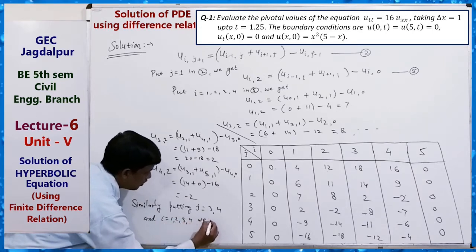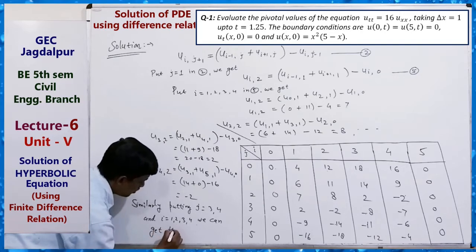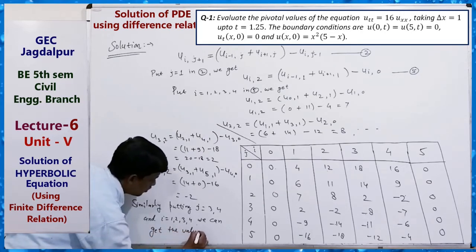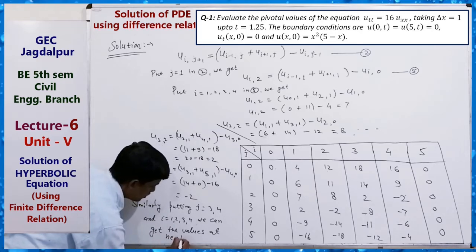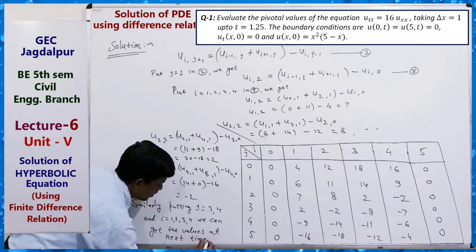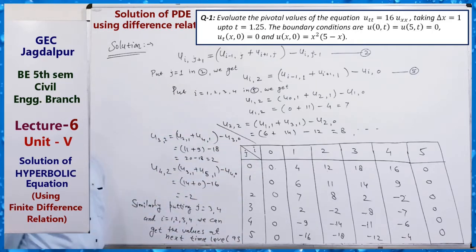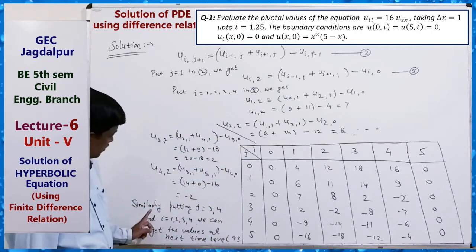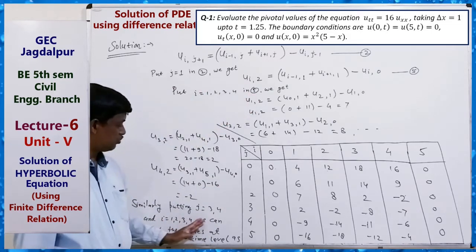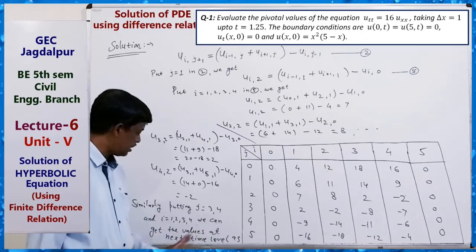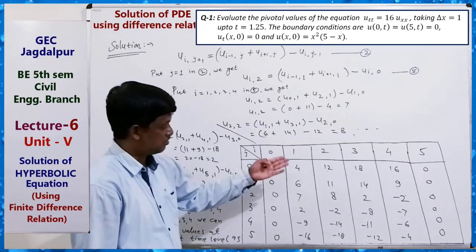We can get the values at the next time level as follows. Okay. Similarly, putting j equals to 3, then 4, and then i equal to 1, 2, 3, 4, we can get the values at the next time level like this. So this is our solution.